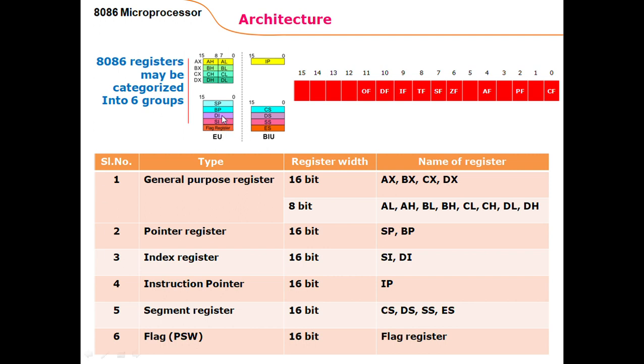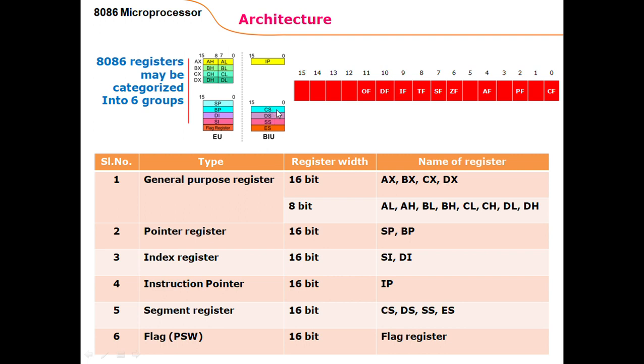Then we have 2 index registers, source index and destination index registers. There is an instruction pointer register, which is a 16-bit register and it provides the offset address of the instruction in the code segment. Then there are segment registers in the 8086, 4 segment registers.